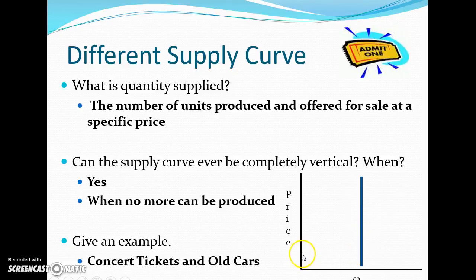So if somebody offers a really low price, you're going to produce the same amount of that product. If somebody offers a really high price, you're going to produce the same amount of that product, regardless of how much people offer to buy it for, because it's impossible to produce any less than this, or any more than this.